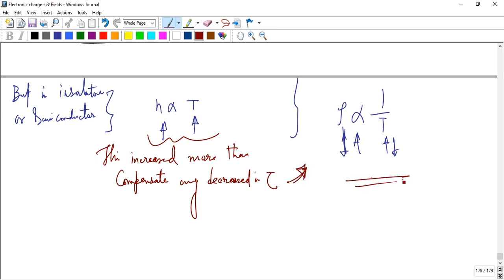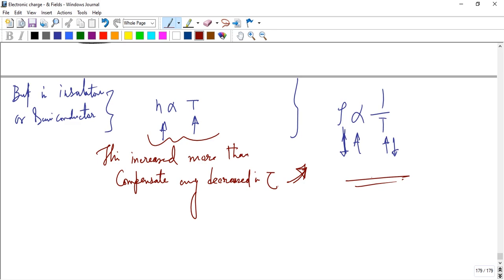If temperature increases, there are more free charge carriers per unit volume moving. That is very important. So if temperature is increasing, resistivity is decreasing, and if resistivity is decreasing, obviously R is decreasing.